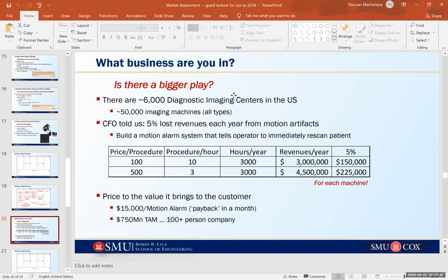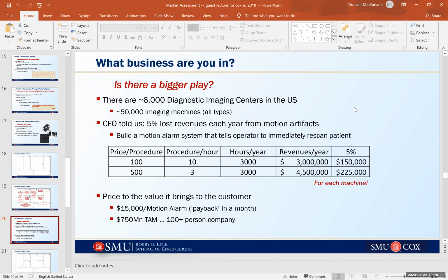And what's the value that we might offer? Well, we didn't go in and talk to the technicians. Actually, we did. But what we really keyed in on was the CFO, the Chief Financial Officer, and she told us that they lost 5% of revenues every year from motion artifacts.